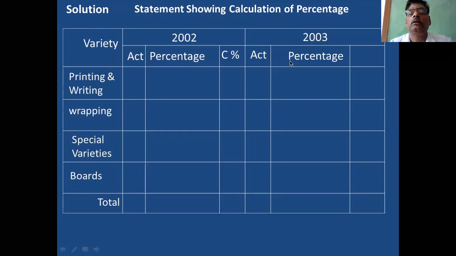Same, actual, percentage, cumulative percentage. Like this, you make the columns. And then write the values. Actual value 70, 16, 7, 18, 100.